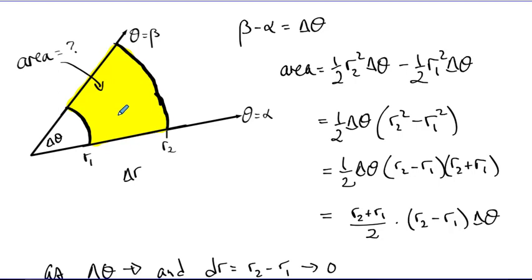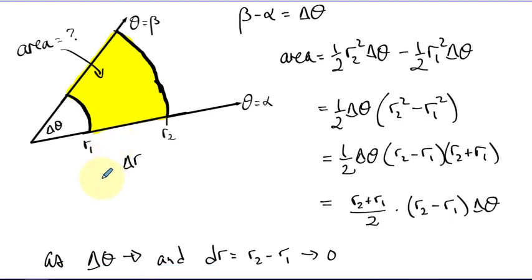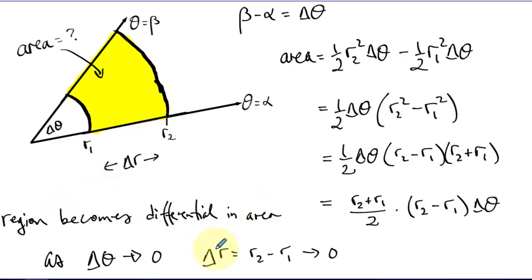That's exactly what happens as the delta theta approaches 0, and as the differential in r approaches 0, as it gets smaller and smaller, we find a smaller and smaller differential amount of area. So the region becomes a differential in the area as this delta theta becomes smaller and the delta r becomes smaller.